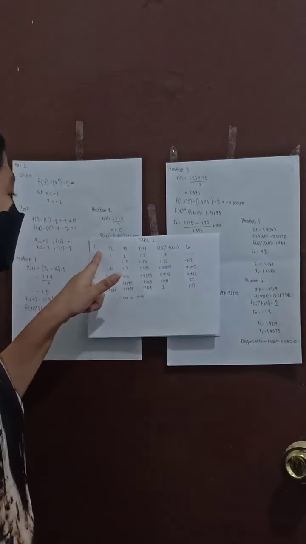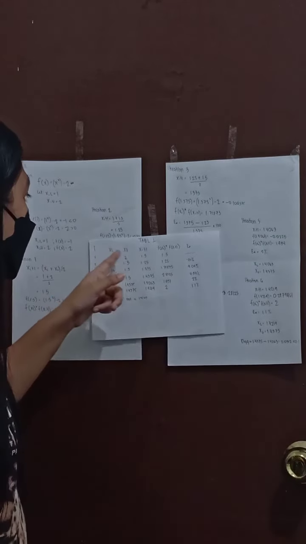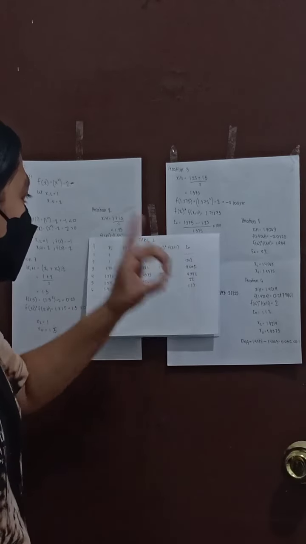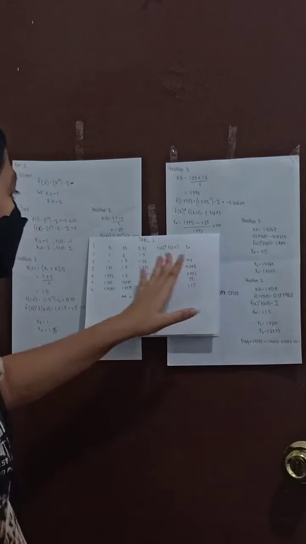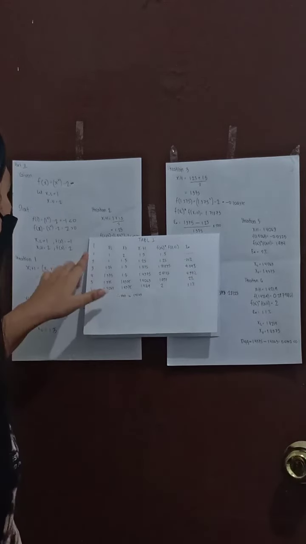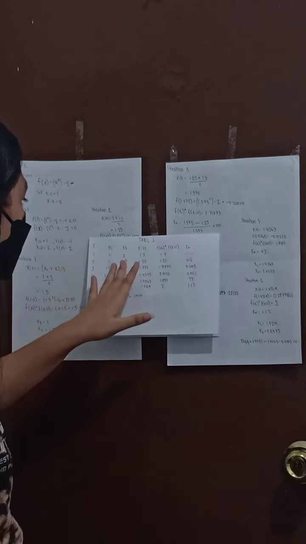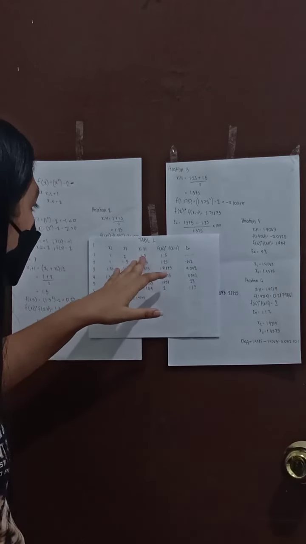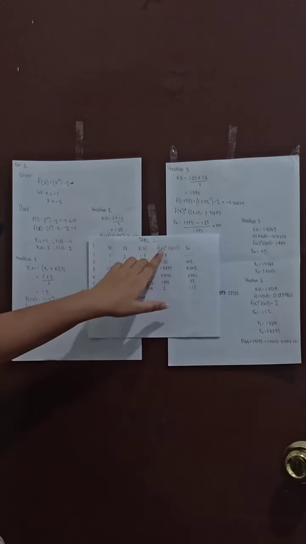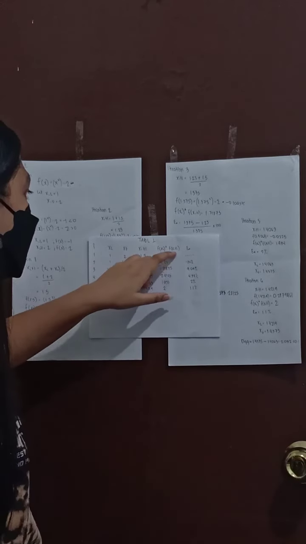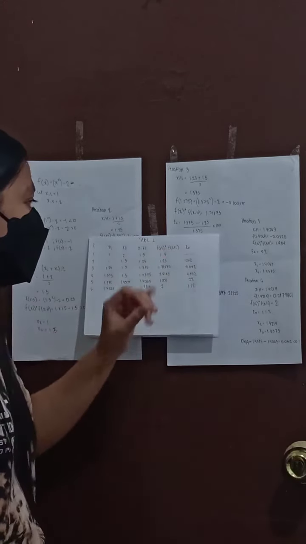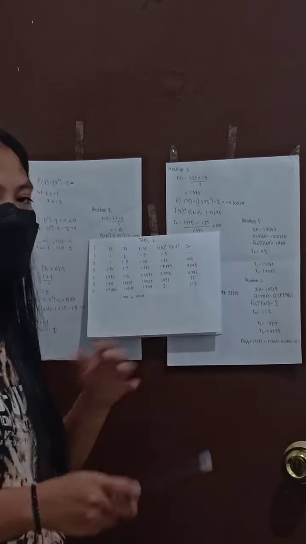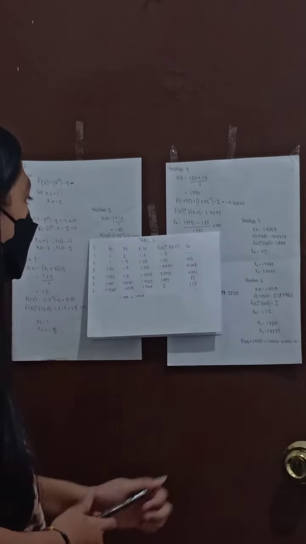So here is the table of this equation. Iteration, xl, xu, xi plus 1, f(xl) times f(xi plus 1), then EA. So in iteration 1, xl is 1, xu is 2, xi plus 1 is 1.25, f(xl) times f(xi plus 1) equals 1.25, then the EA here has no percentage yet.